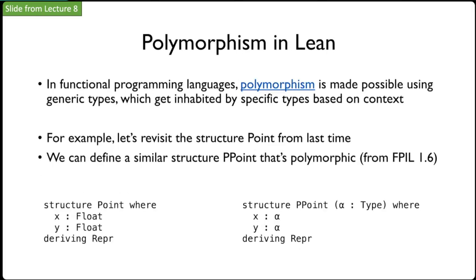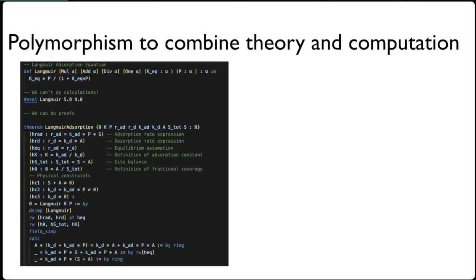But polymorphism in Lean is made possible with generic types. And these get inhabited by specific types based on context. The important one to talk about this time is the example from lecture 8, I believe.